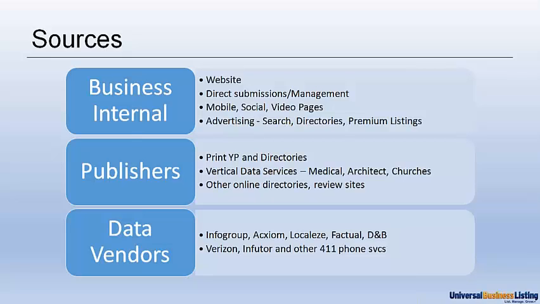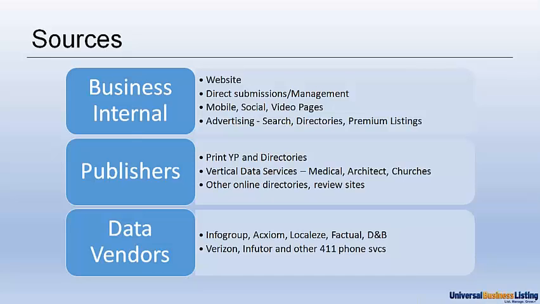Even sites like Google that many people will manage directly take quality or cross-referencing signals from these data sets to evaluate the validity and prominence of these listings. And this is a growing list as well. It used to be mostly Infogroup, Axiom, and Localeze, but now Factual is an important player.